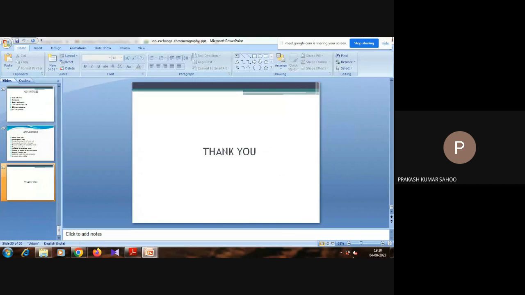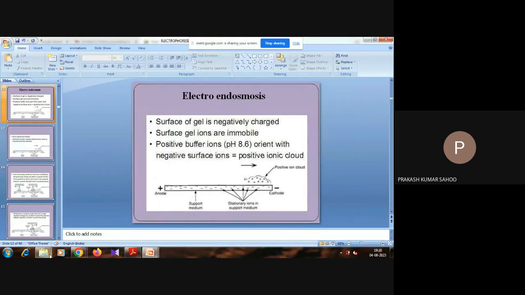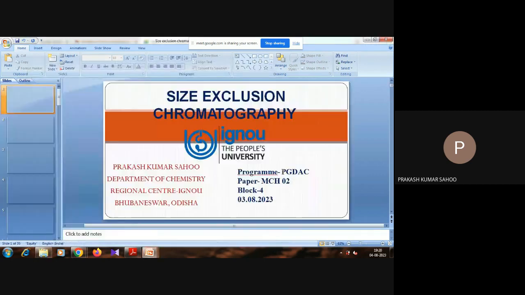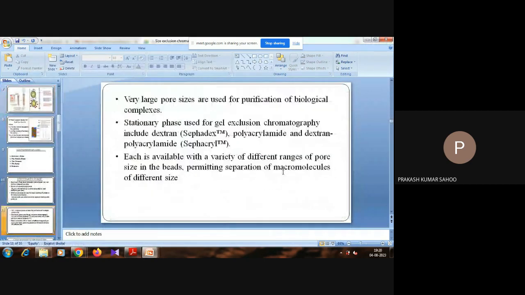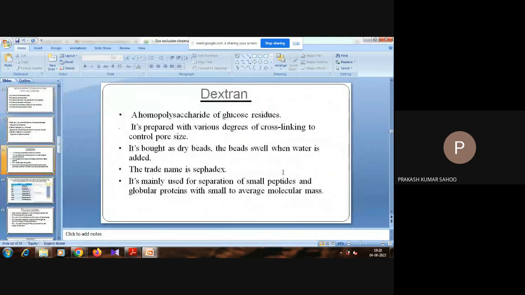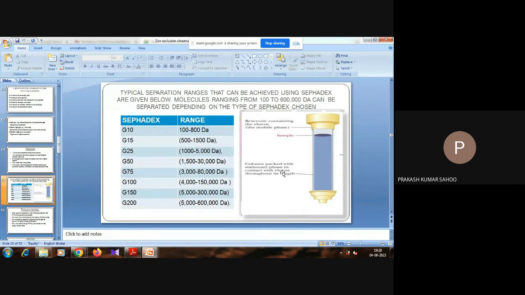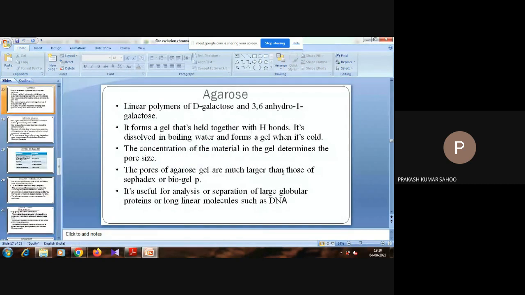I have to search because I do not remember all these things. Yes, dextran, then we have polyacrylamide, agarose.